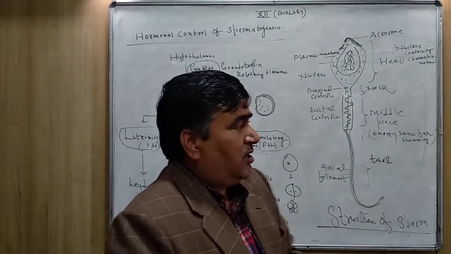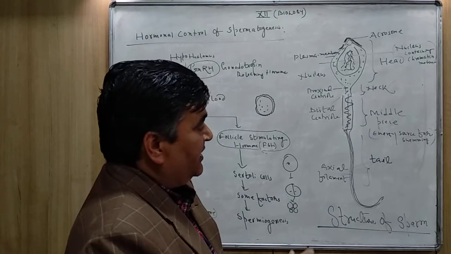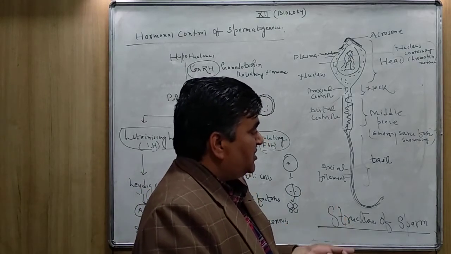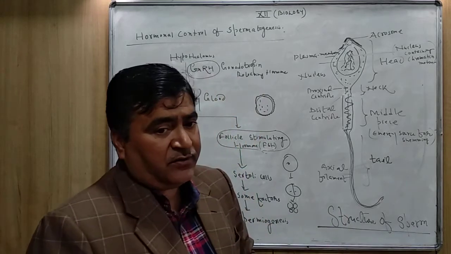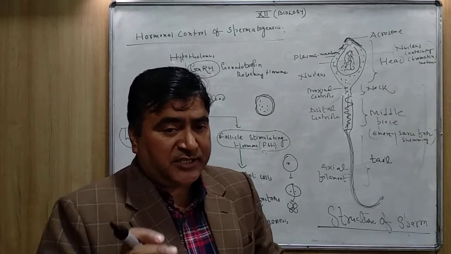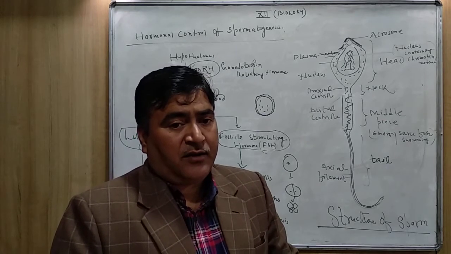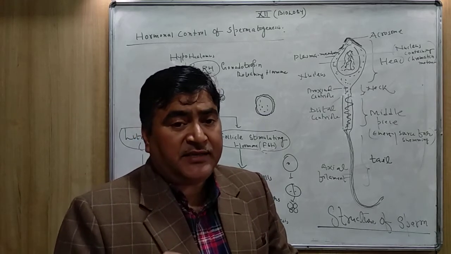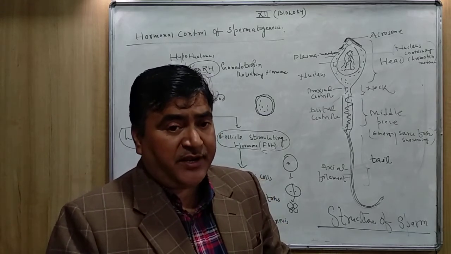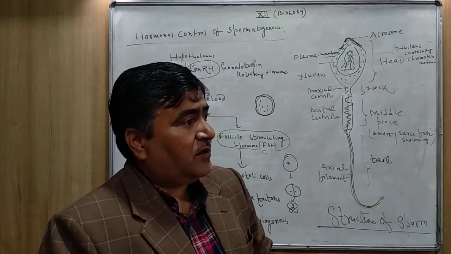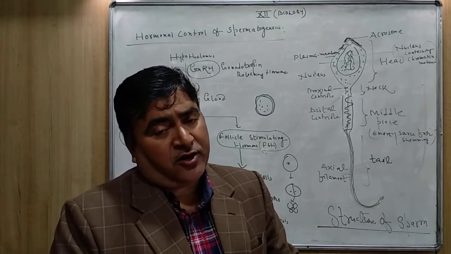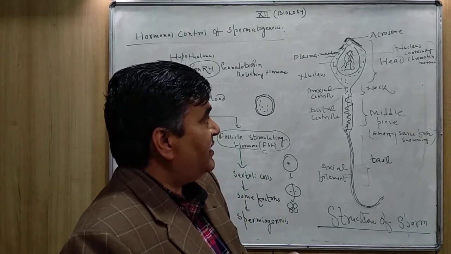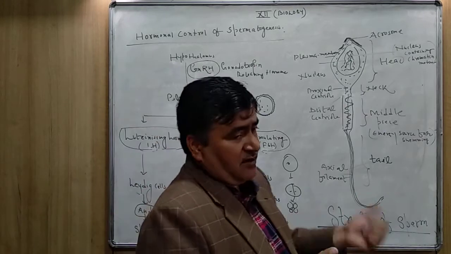So this is all about the sperm. Once again, you can see here the details about the structure of the sperm. As I taught you, the sperm is a unicellular, microscopic and haploid cell, a haploid male gamete. The sperm has mainly 4 parts: head, neck, middle piece and tail.